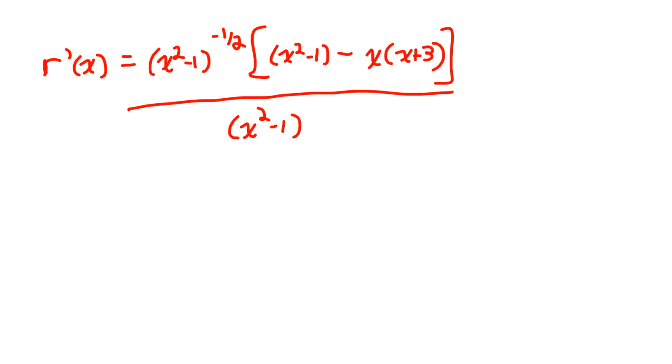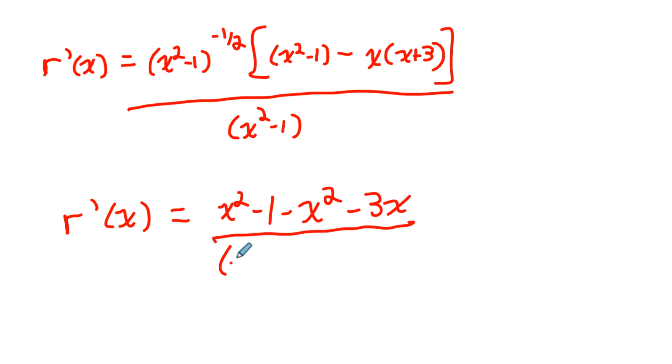And now let's look in those square brackets. Is there anything I can simplify? Also, this power has a negative exponent. I'm going to bring it to the denominator so that the exponent becomes positive, and then I'll be able to collect it with this power because they have the same base. So in the numerator, all I'm going to have left is this x squared minus 1 minus x times x, which is x squared, minus x times 3, so minus 3x.